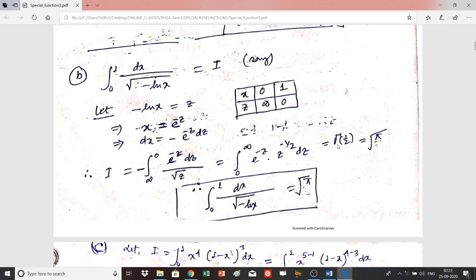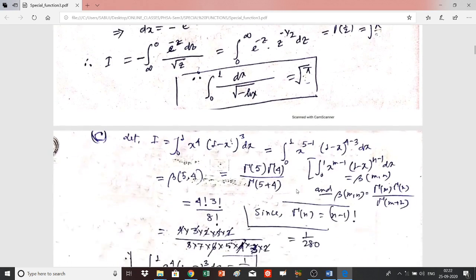From the definition of the gamma function, gamma n is the integral from 0 to infinity of e to the power minus z, z to the power n minus 1. So this minus half can be written as half minus 1, so n is equal to half. This gives gamma half, which is nothing but the square root of pi. So this integration is equal to square root of pi.